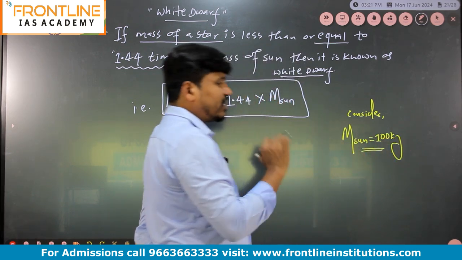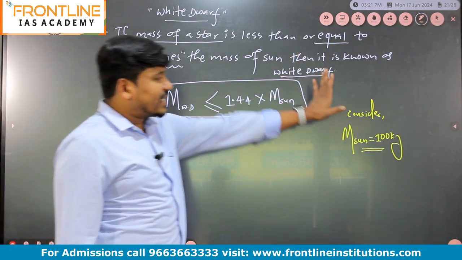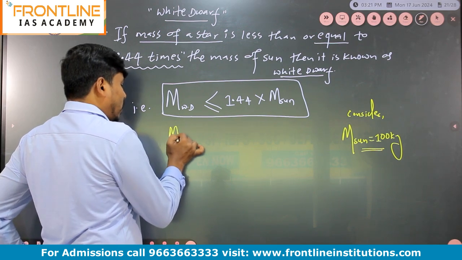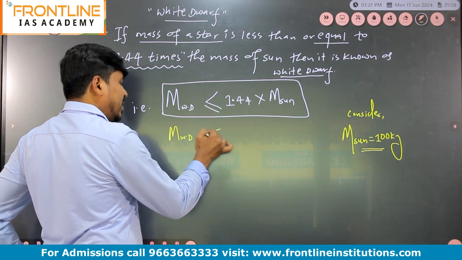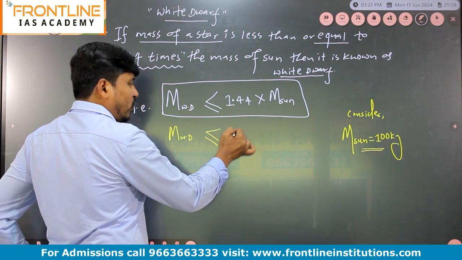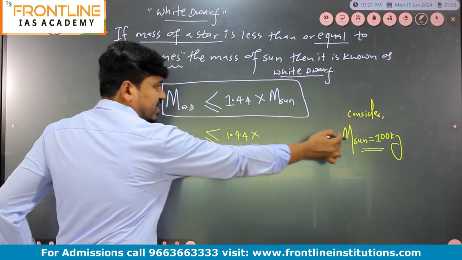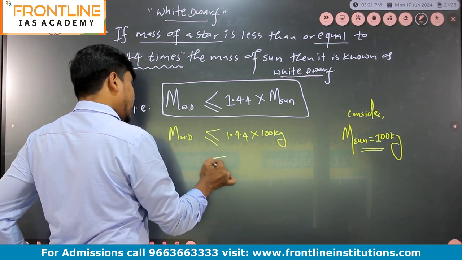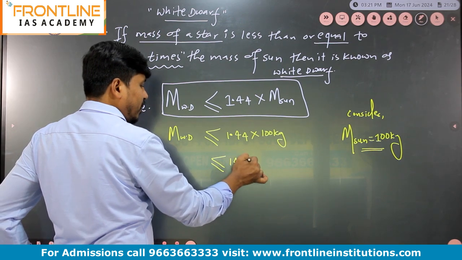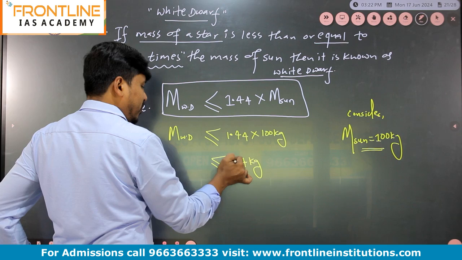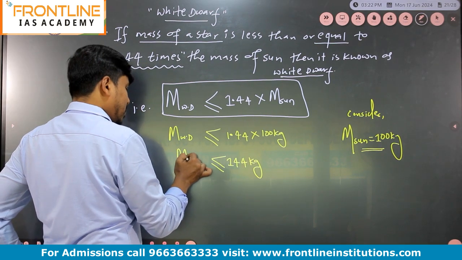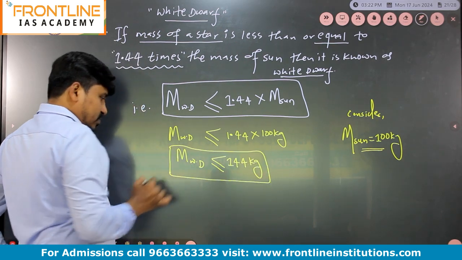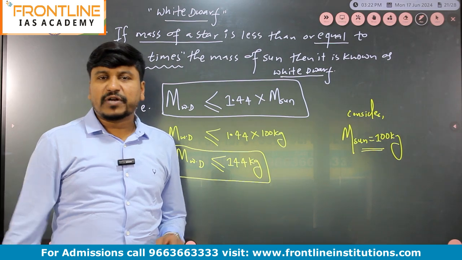If the mass of the sun is 100 kg, then to call a star a white dwarf, its mass should be less than or equal to 1.44 into 100, that is, 144 kg.